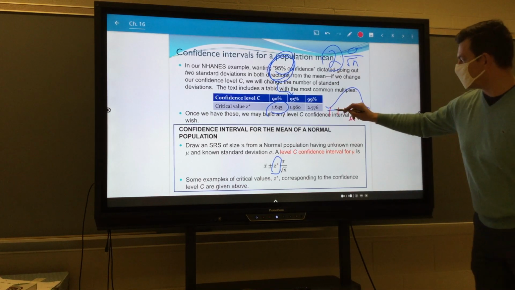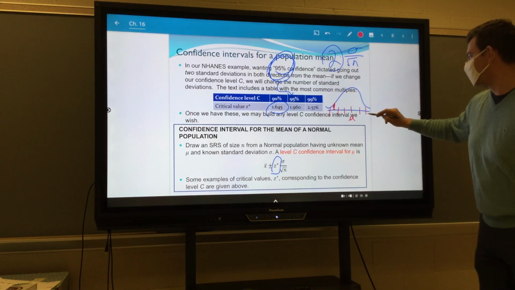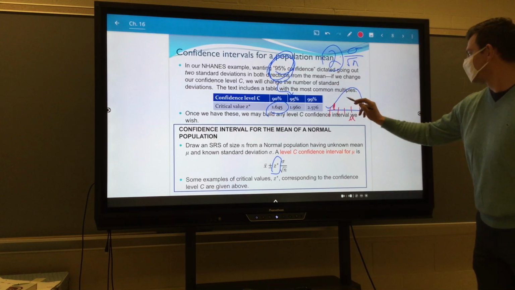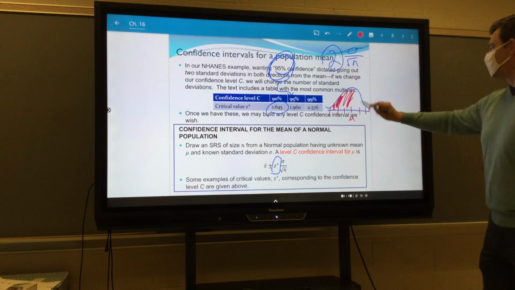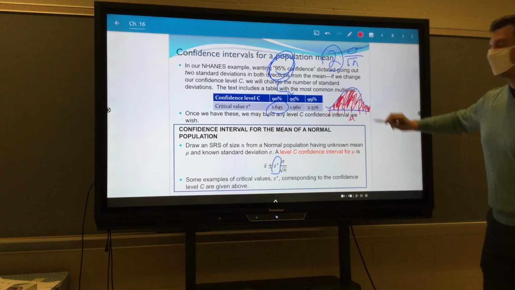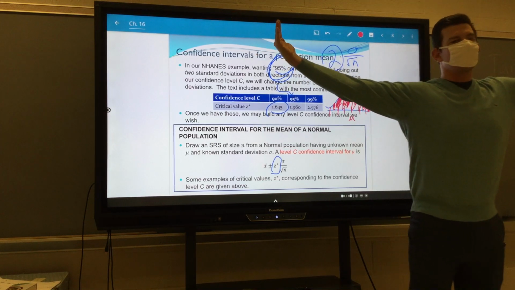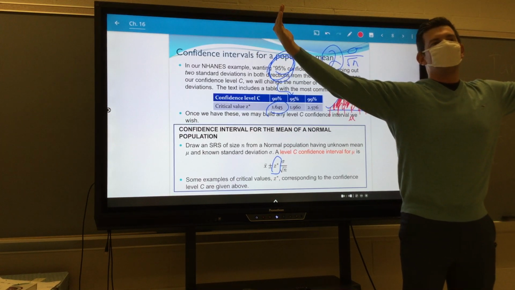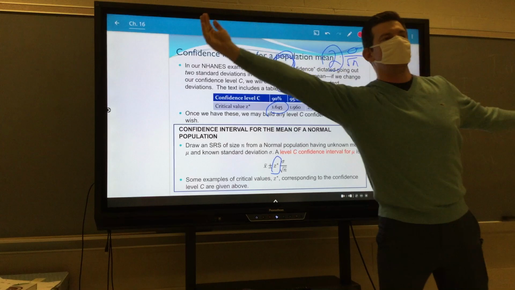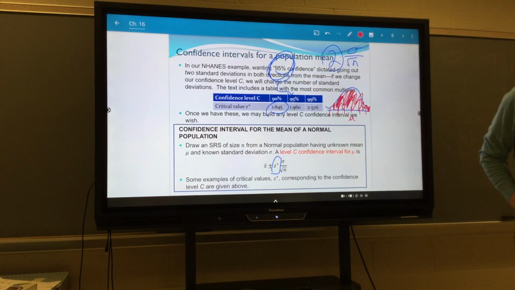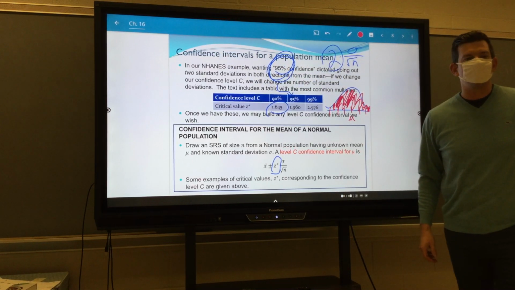Is it helpful to say that I'm 95% confident that the true value is somewhere in here? Not really. That confidence interval is like there to there. Yeah, I'm 99% confident that it's between here and here. Well, of course it's between there and there. You're not really going out on a limb.